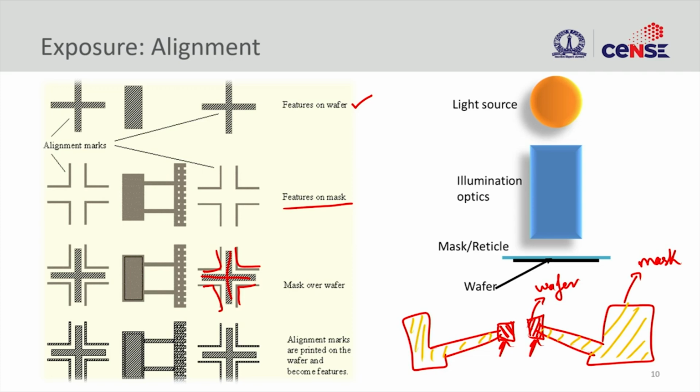You see here, this was the structure on the mask, and this was on the wafer. So, I am just aligning this feature onto this feature. It is impossible to do this structure by structure. You might have hundreds of devices on the mask. It is impossible to align each structure.